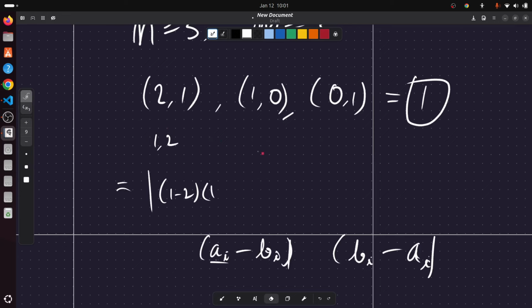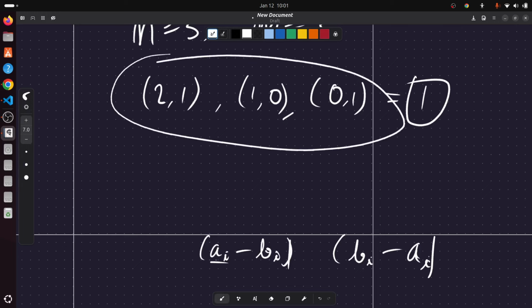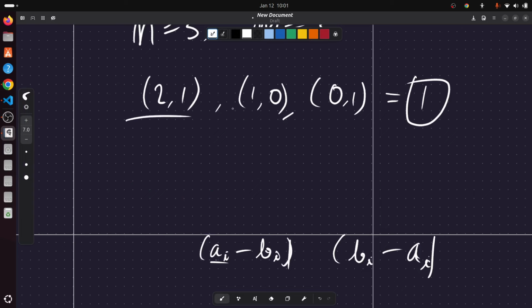I can swap this one or this one or this one, or maybe these two, or these two, or all of them. So I can swap any of the three boxes that I like, and the answer will still remain 1, right? So basically I have 2 to the power 3 possibilities: either I can swap this one or not, this one or not, or this one or not.